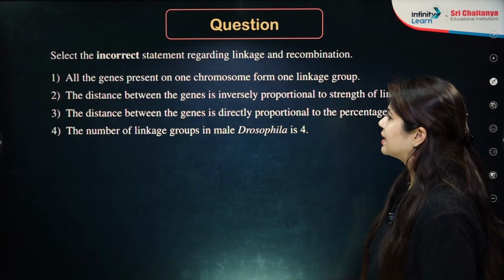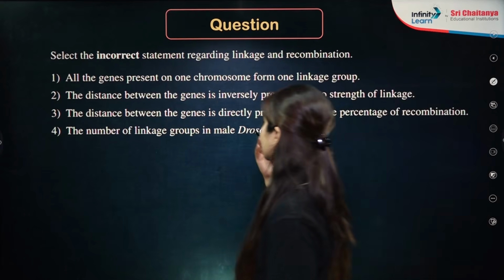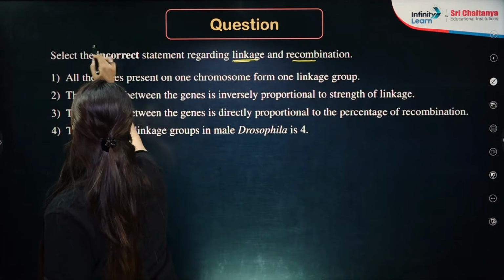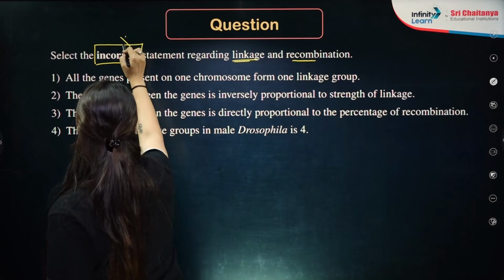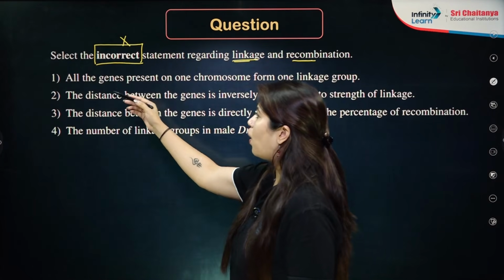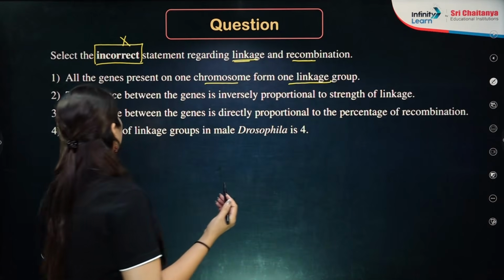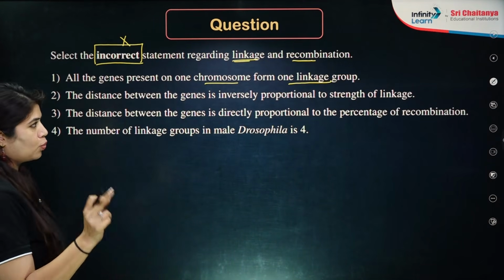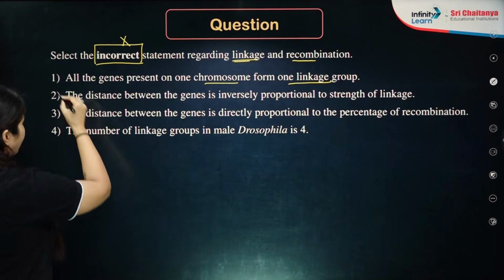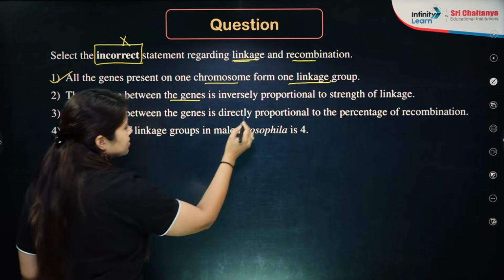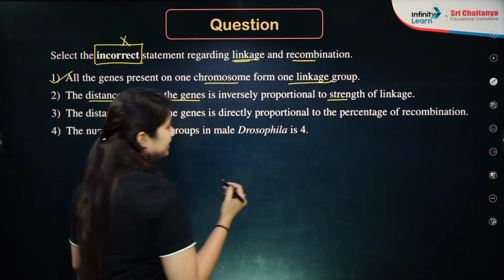Next is, select the incorrect statement regarding linkage and recombination. So we need to find the wrong statement. All the genes present on one chromosome form one linkage group. Perfectly correct statement. The distance between the genes is inversely proportional to the strength of linkage.